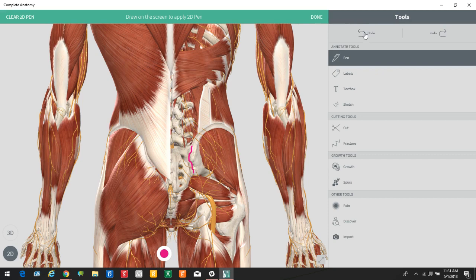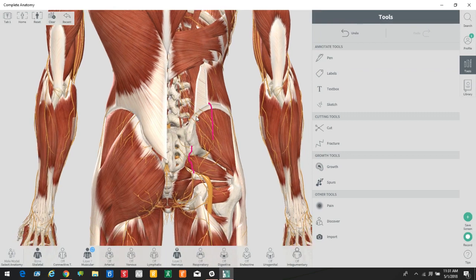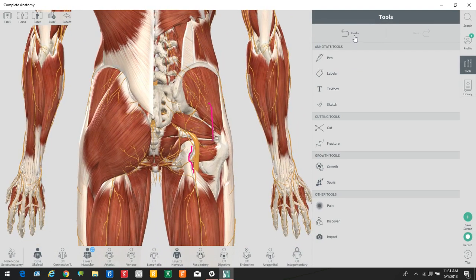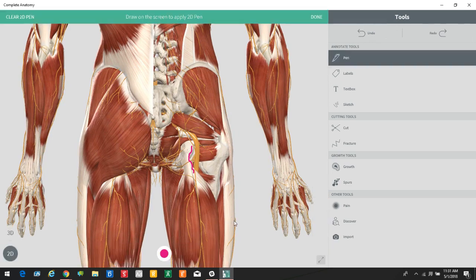I'm going to take some of these marks off, and I'll move this up just a little bit. If you can appreciate, say you're driving in your car and you're in an accident and you have this leg right here on the brake.